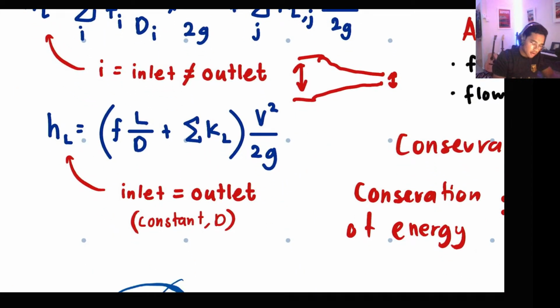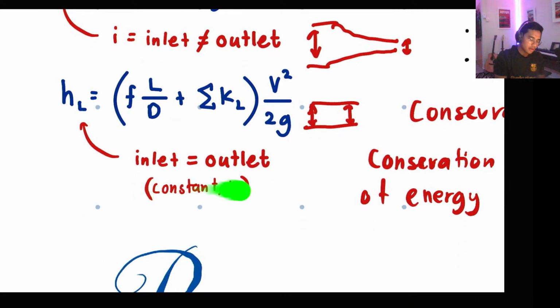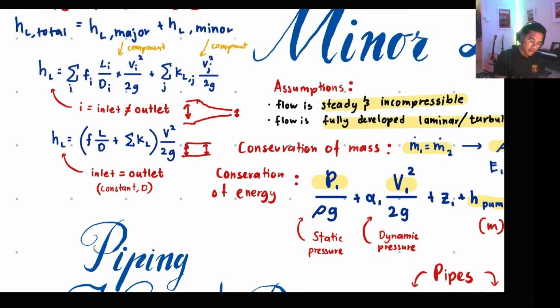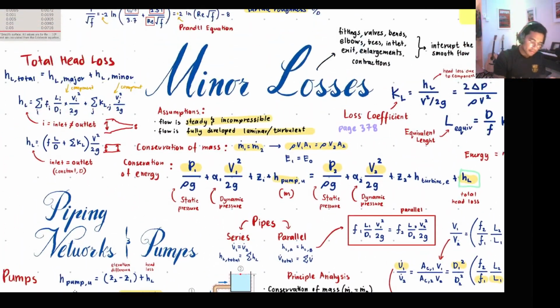So this head loss is for the constant D, which is the diameter, the shape of the pipe remains constant. Okay. So you use this plus this, since the velocity is the same, factorize outside and then just add the friction L over D plus the loss coefficient. Okay. This is when you have the constant D. So that is minor losses.